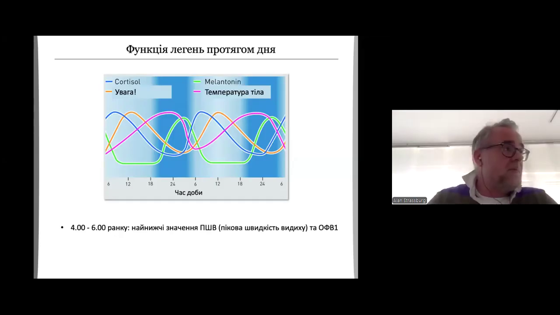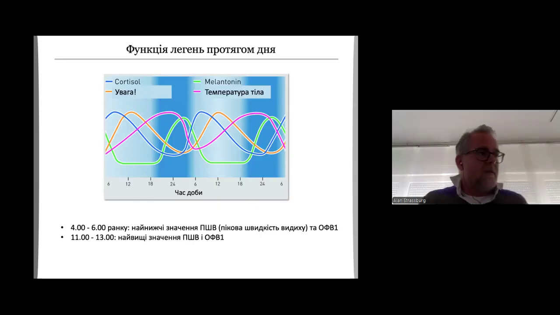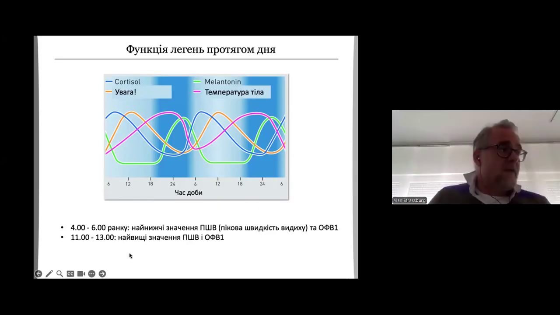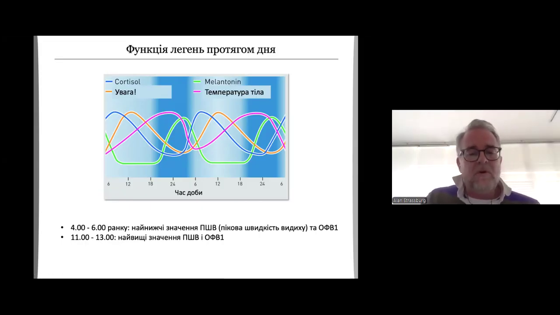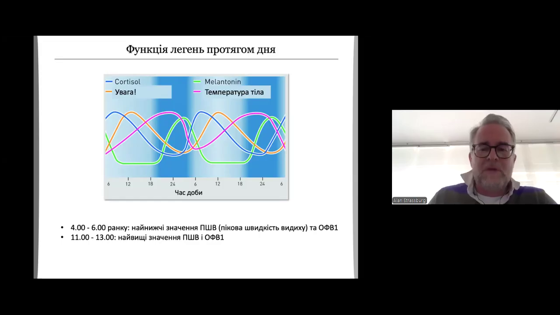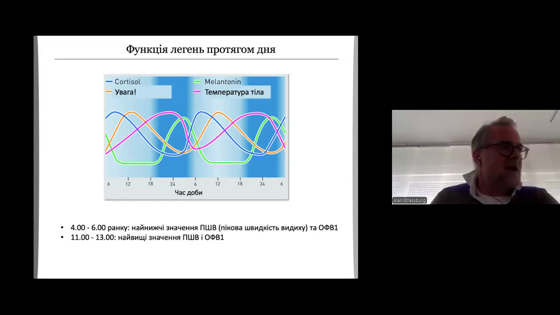So the best time to do a lung function test is between 11 and 1 o'clock in the daytime. The worst time to perform a lung function test would be between 4 and 6 a.m., but that is obviously a time where most people don't work or are still asleep.